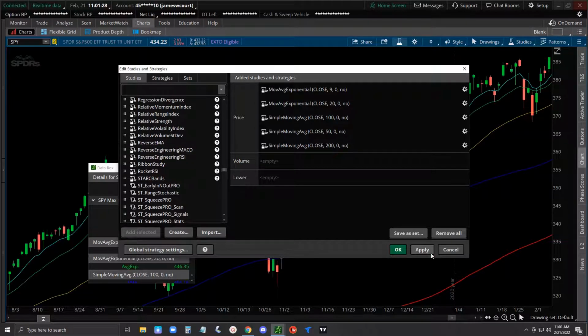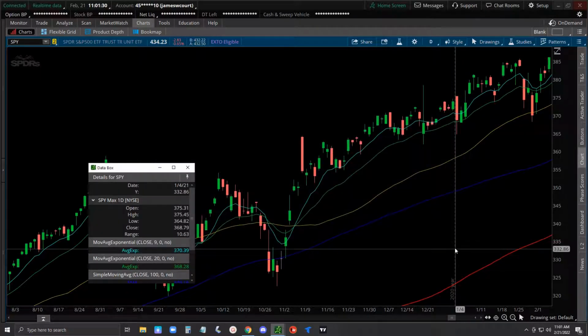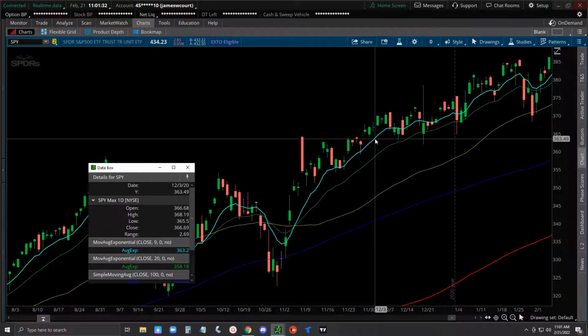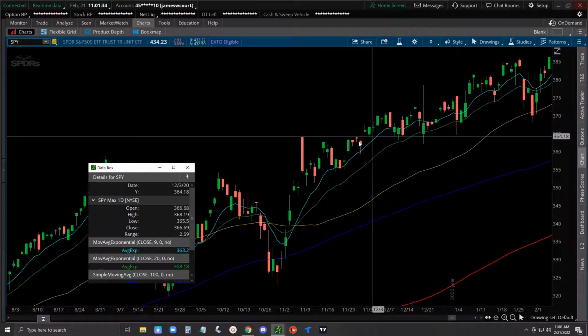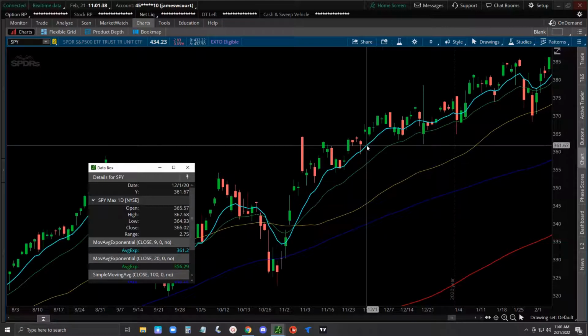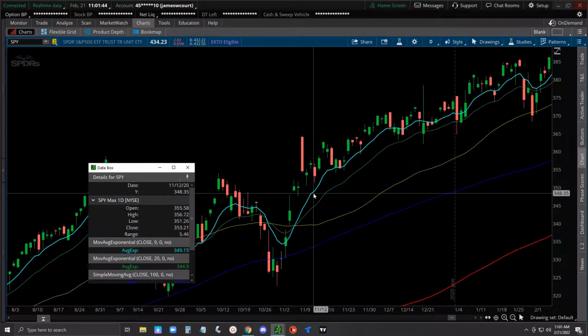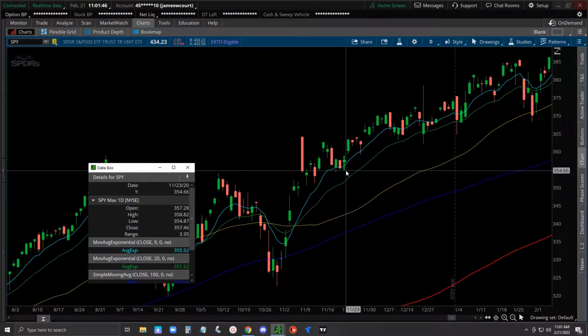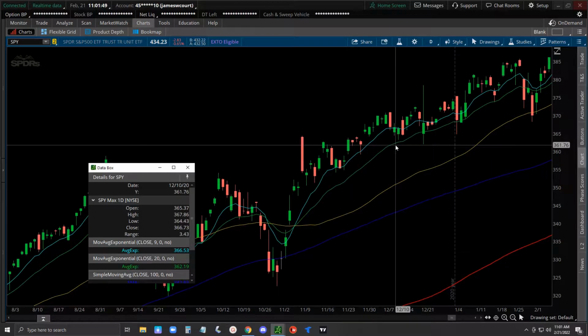Different ways of measuring what price is doing. By doing that, almost everything works. It's called a lagging indicator, and that is almost everything that's available. It's telling you what has happened in the past. It doesn't tell you necessarily what's going to happen in the future.